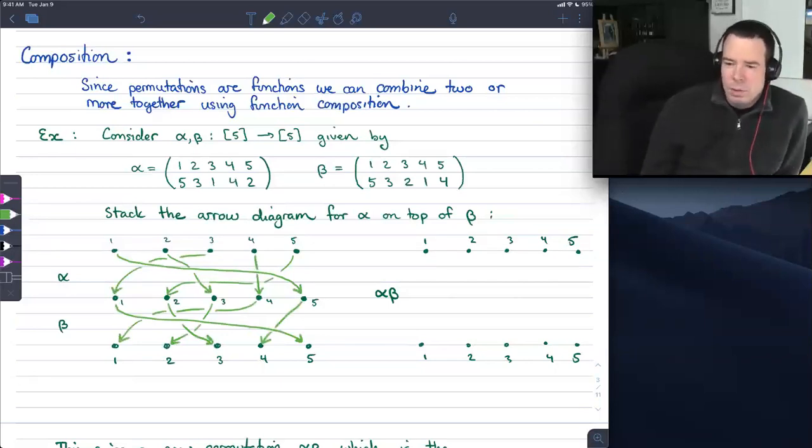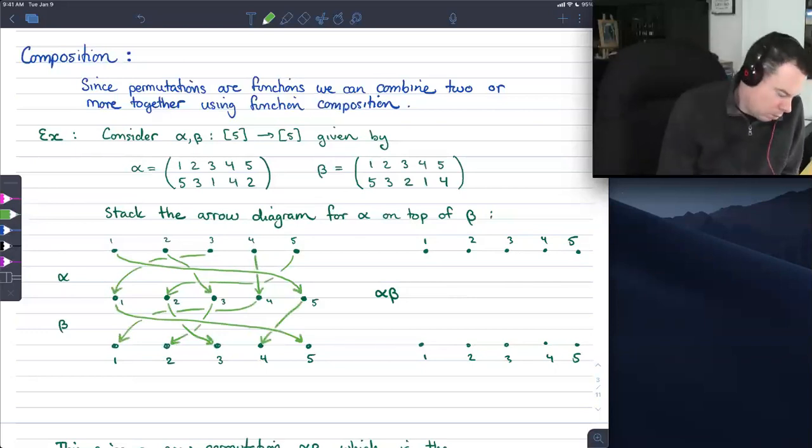Then I can read this diagram as starting with the number in the very top and finishing with the number in the very bottom. I can make a new permutation, and that's going to be the composition of alpha with beta. So first do alpha and then follow it with beta. We just read the diagram through. Alpha takes 1 to 5, and then following it with beta, beta takes 5 to 4.